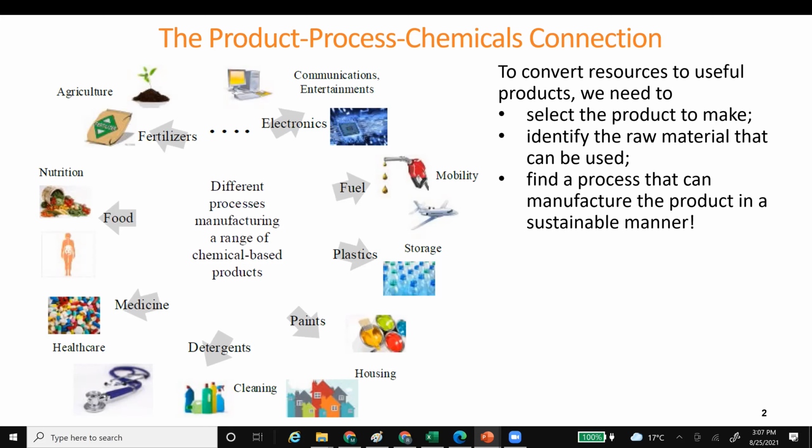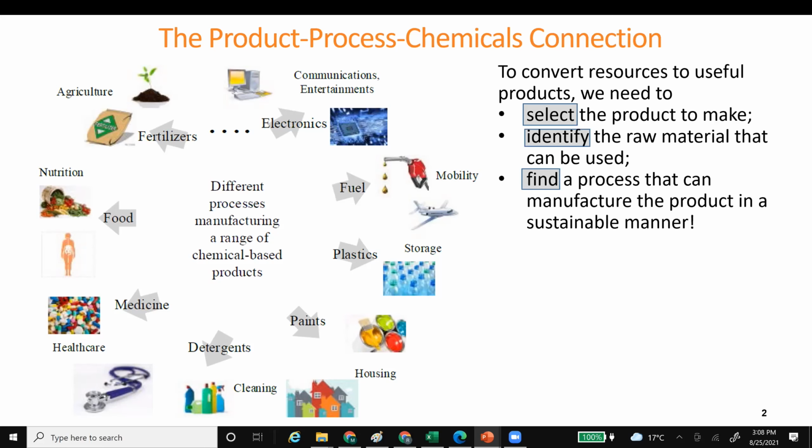So from my point of view, we have a problem first of selecting what product to make, and then identifying which raw materials to use, and then finding a process that can manufacture the product in a sustainable manner. So in that way, it actually includes some of the things that Dr. Overkash was saying with respect to LCA and things like that.